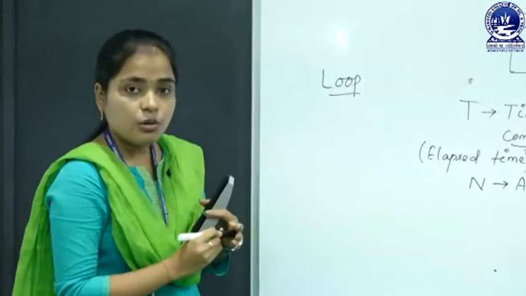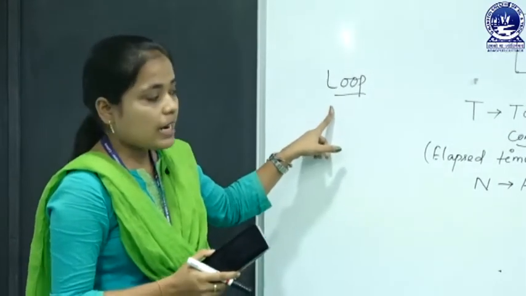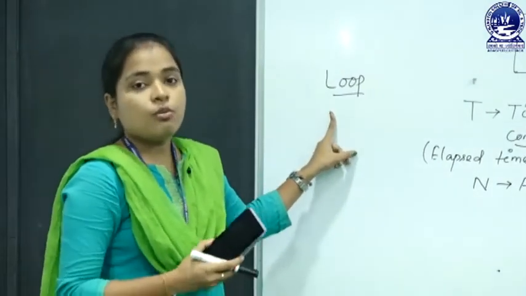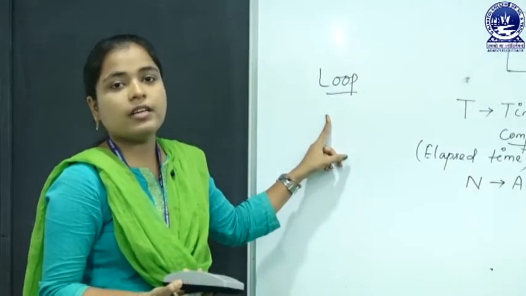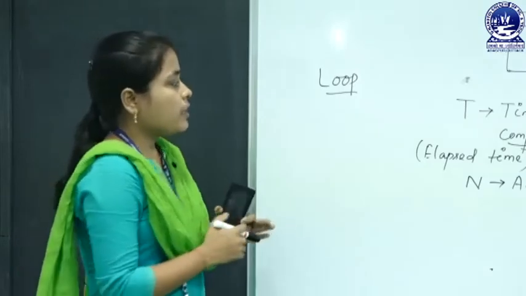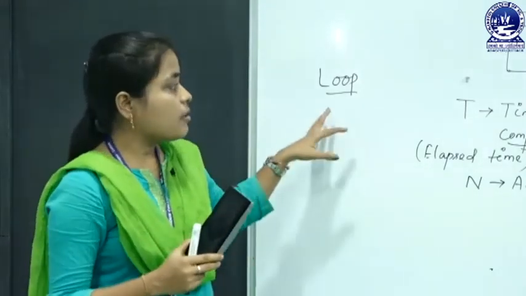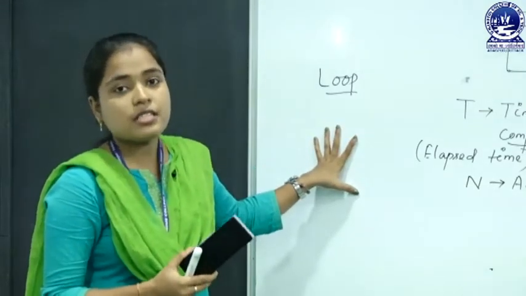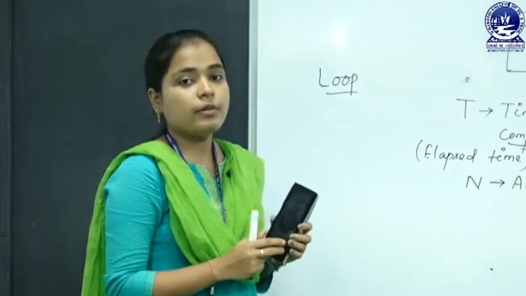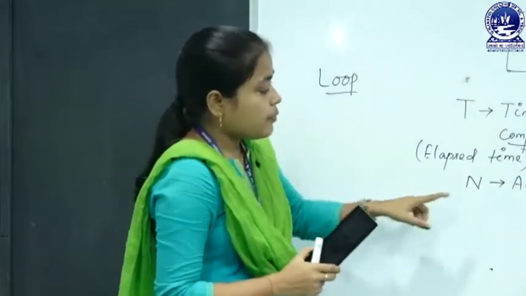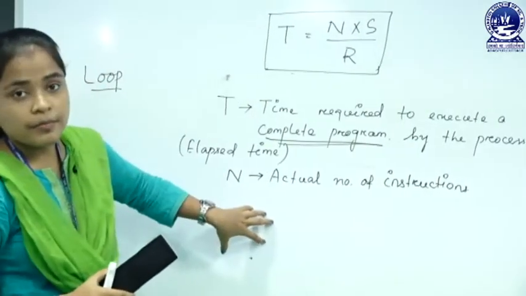Instructions written within a loop can be executed multiple times, and there are also some instructions which are not executed during program execution, like comment lines. Or if we write some instructions on the basis of a branch statement or a condition statement, in some cases some of the instructions may not be executed.